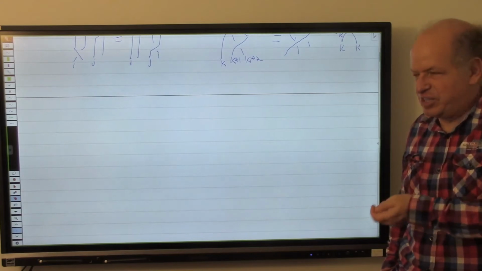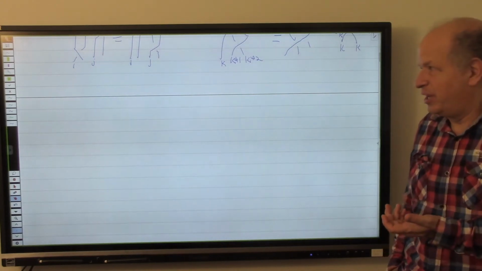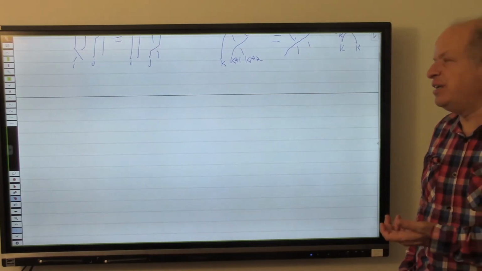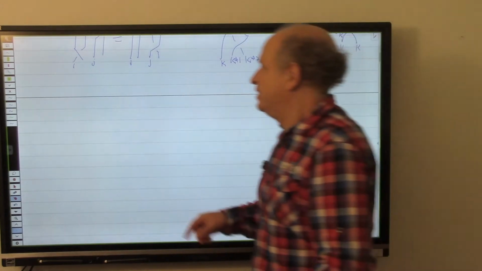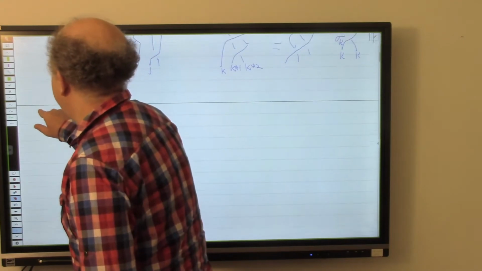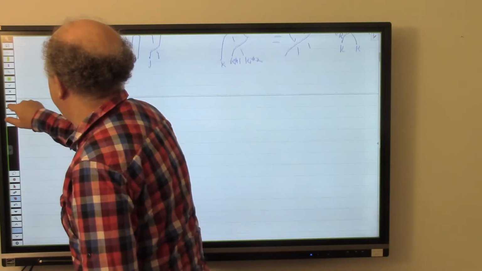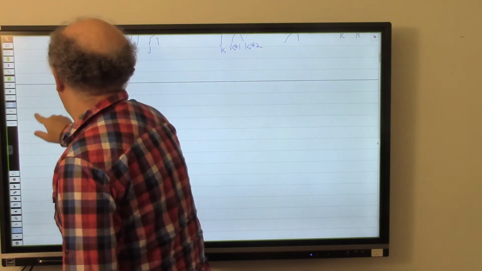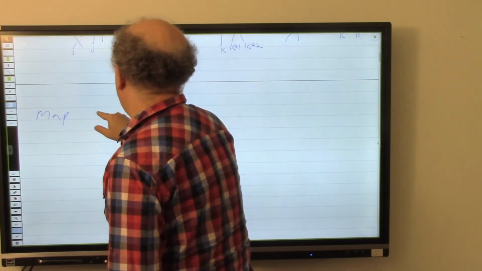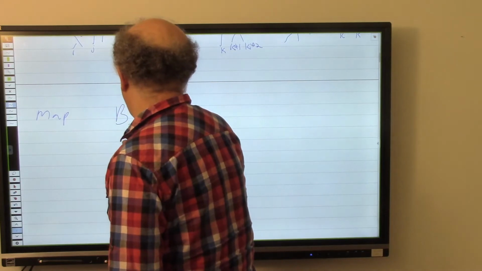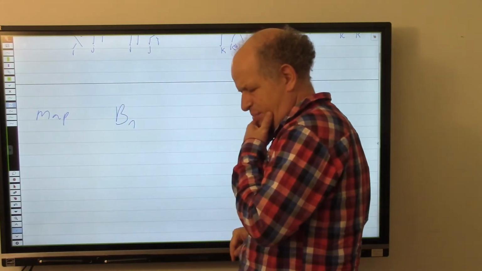And in fact, there is something even sharper in this direction, namely, there is a map from braids to knots. So there is a map from Bn, I'm not sure what to call this map.